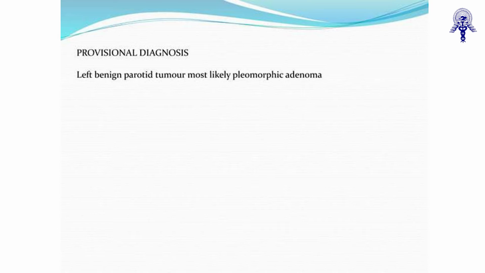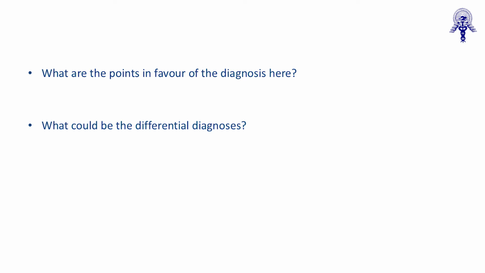Sir, we will first look for the positive findings in the inspection as well as palpation. So according to that, this might be a case of parotid swelling, which is benign in nature, most likely pleomorphic adenoma. Points in favor of your diagnosis: gradually progressing in size since 4 years, no signs of complications.